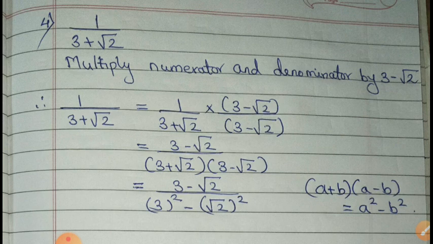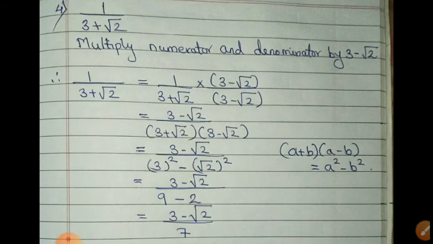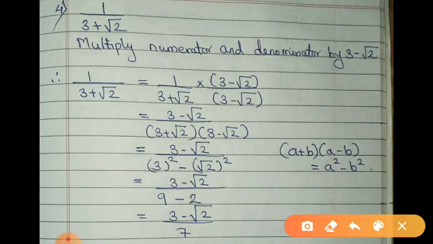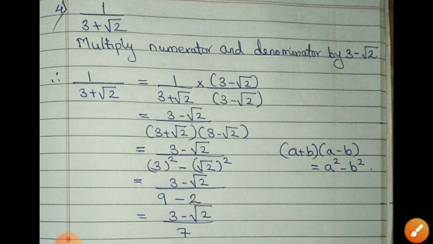Is that clear? Now 3 square is 9. Root 2 square is what? It is equal to 2. So here I will get 9 minus 2. So 9 minus 2 is what? 7. So my answer is 3 minus root 2 by 7. So this is the last answer.